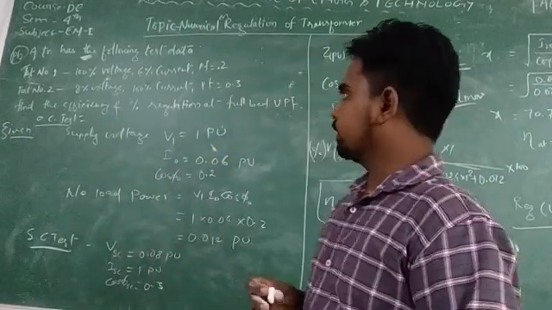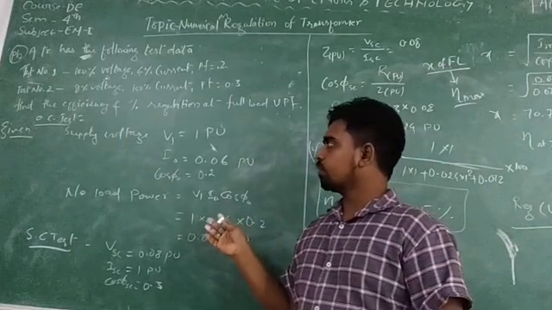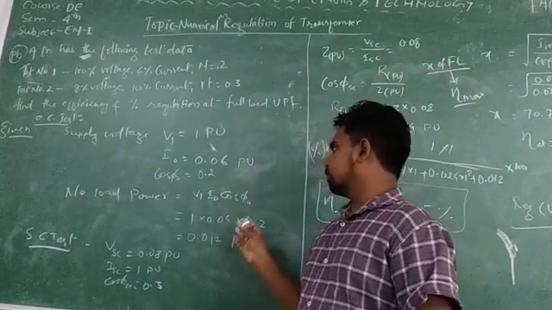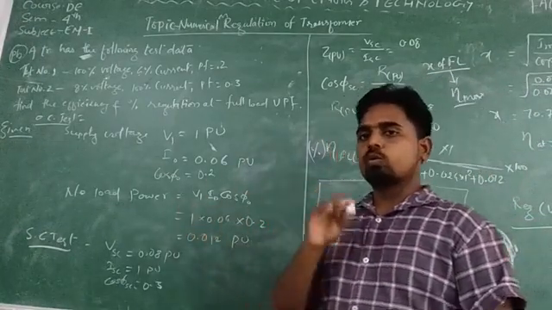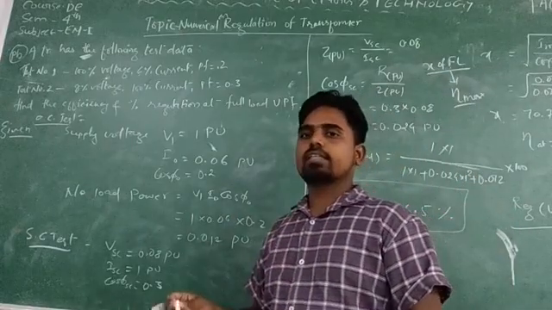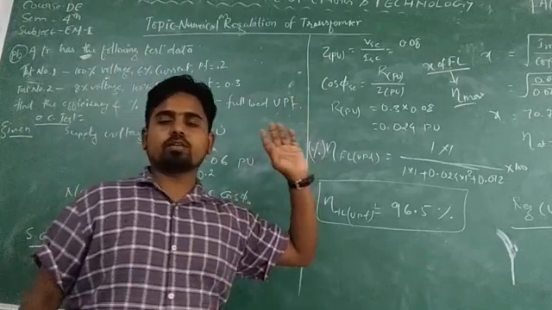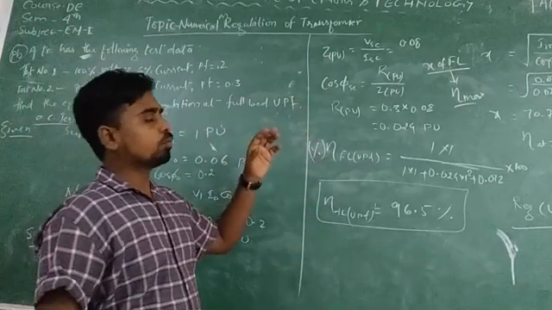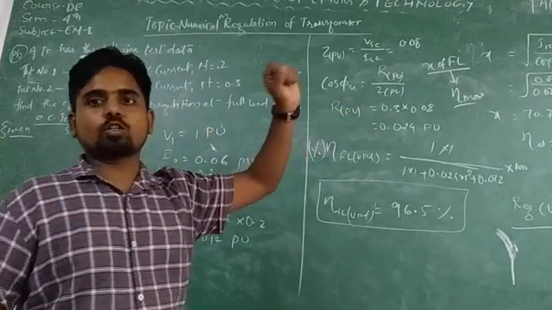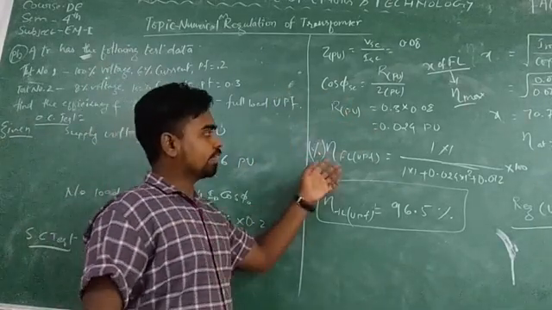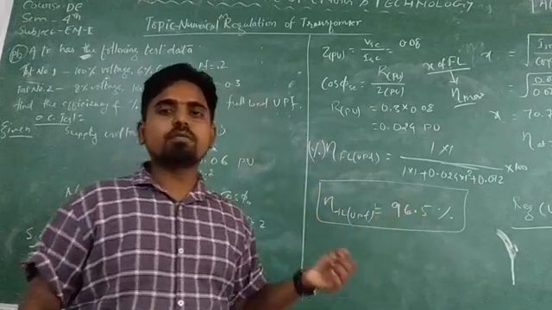By these values, we can find the no load power. From the no load test we can find W naught, which is no load power. Then from the short circuit test we can find the per unit impedance, which is 0.08. Then we can find the per unit resistance, that is 0.024 per unit. Then we can find the efficiency at unity power factor, that is 96.5%.